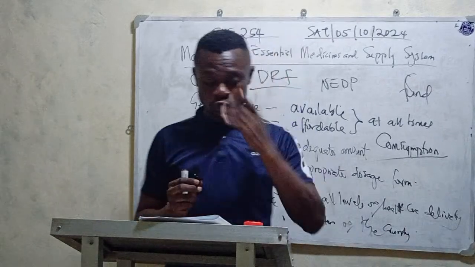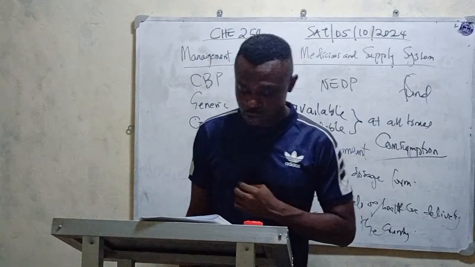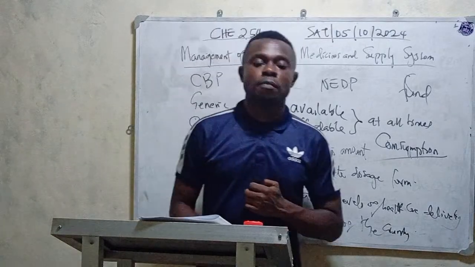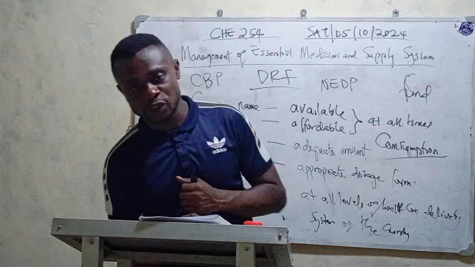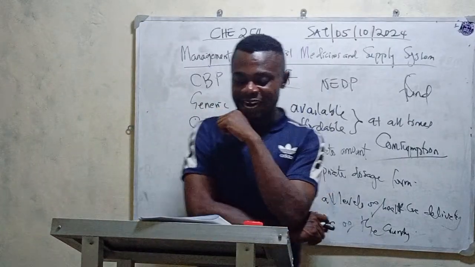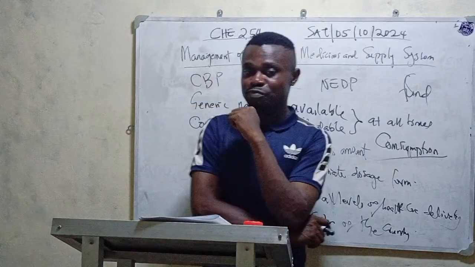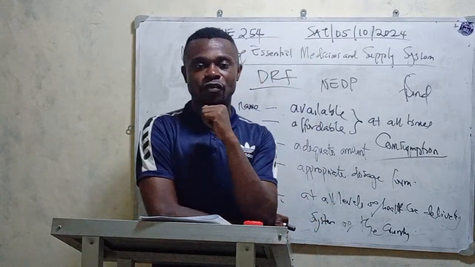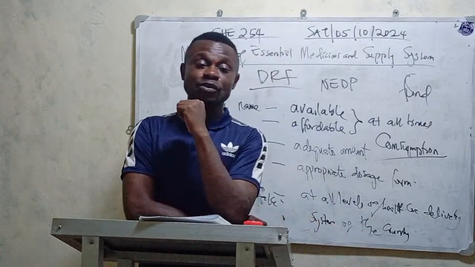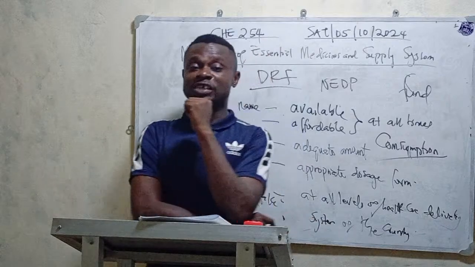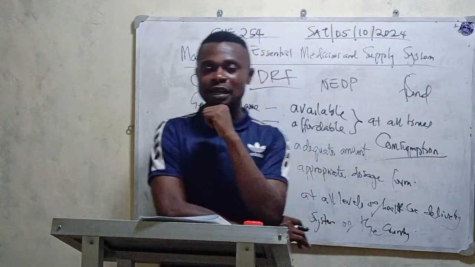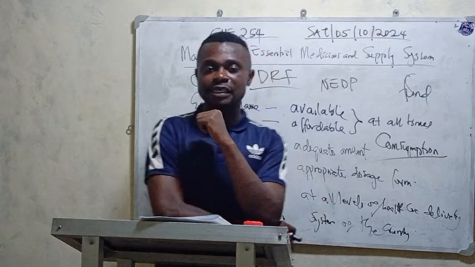Then you store the drugs in the main store, well arranged according to their indication or pharmacological activities. When the need arises, you issue, maybe to the sub store. From the sub store, you issue to the dispensary, as the case may be, or you can issue to other healthcare facilities that need the drug. So you document properly in your stock card and what have you.